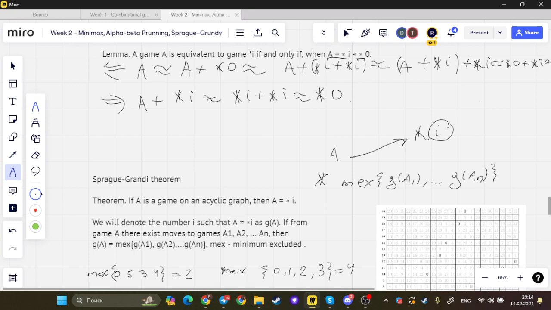Any game, we know how to get the representative element of the class, and this element is just a star e game, a nim game on e stones.